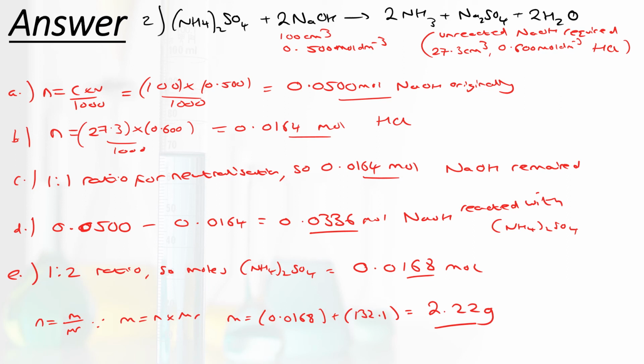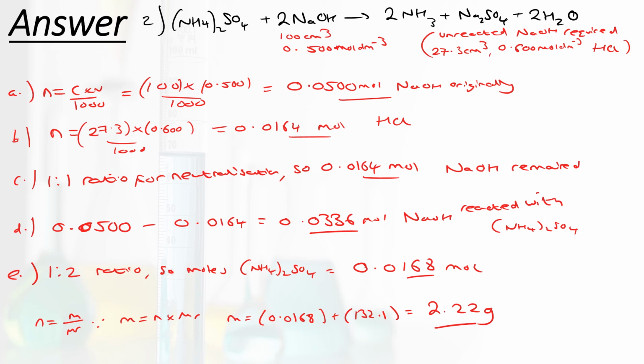So we're going to do n equals c times v, the standard solution moles calculation, remembering to divide by 1,000 in order to turn our volume that was in centimetres cubed into a decimetres cubed volume, because we have a concentration in moles per decimetre cubed. And so we put these numbers in and we get 0.05 moles of sodium hydroxide.